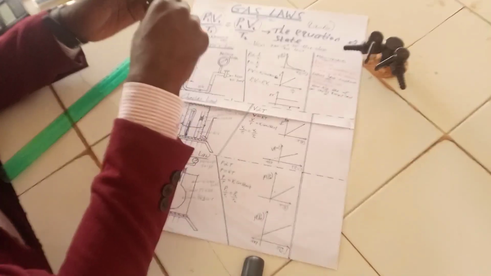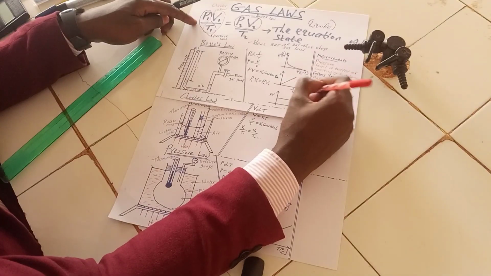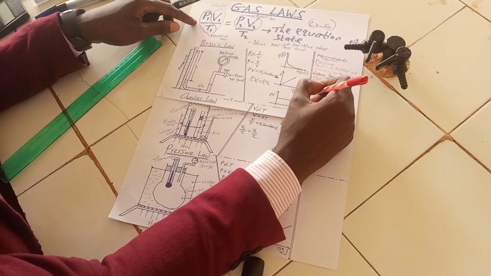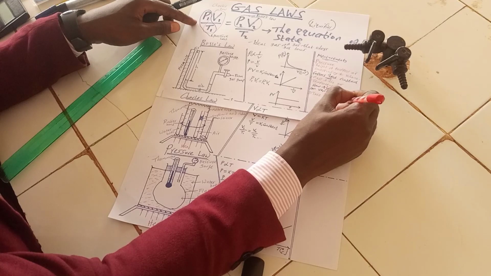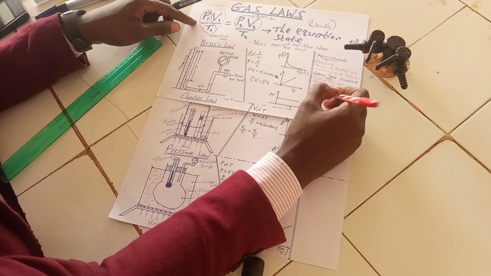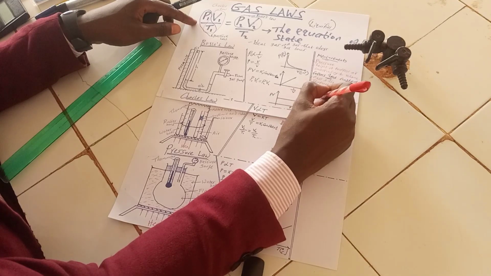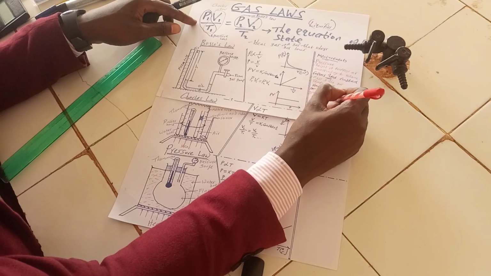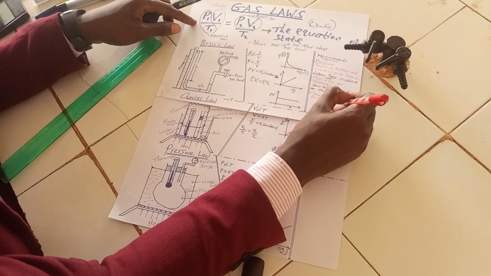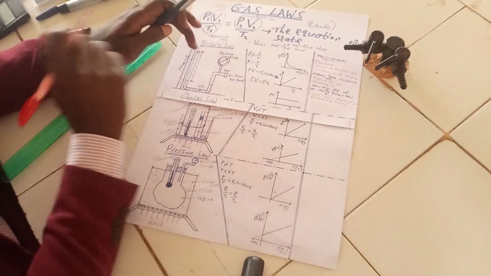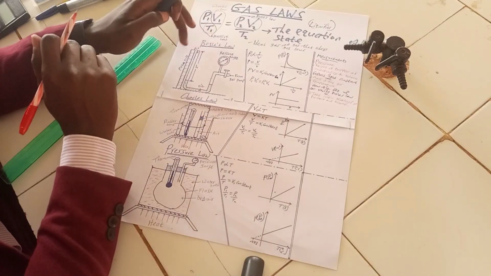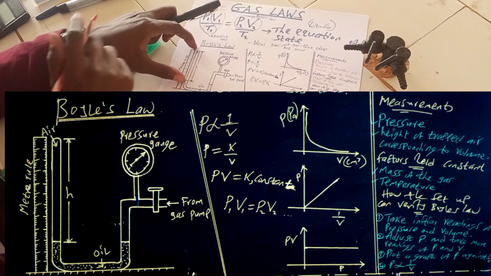So always the first point is to take the initial readings of pressure and volume. You take the initial readings of the value of the pressure gauge, and the volume of the trapped air, which is also the height.